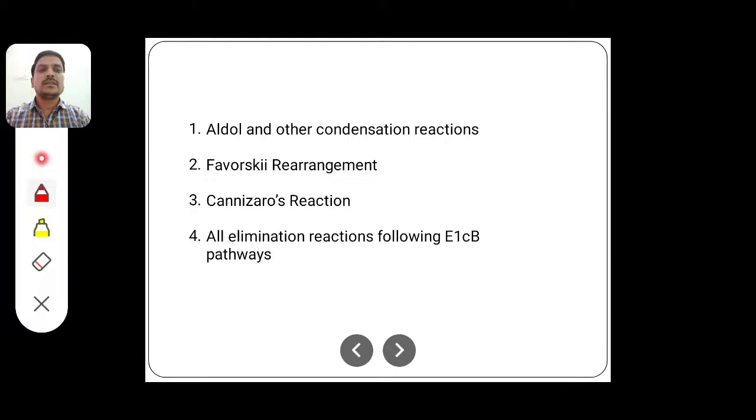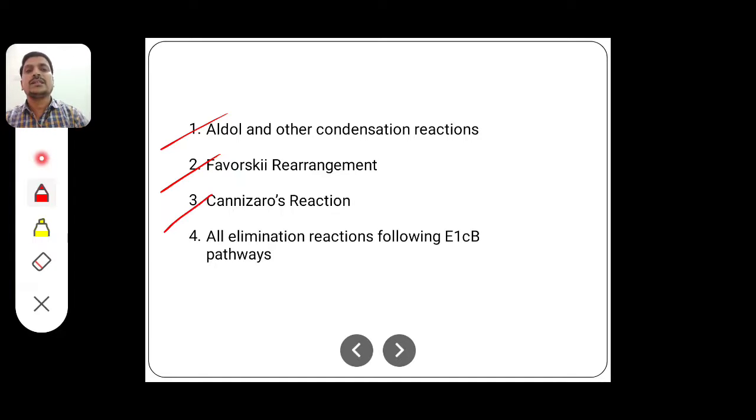Then next one is Favorsky rearrangement, which takes place via formation of cyclopropanone from alpha haloketones. In the first step, the base takes up a proton of the alpha haloketone, and then a carbanion is generated. Then that carbanion attacks the other carbon which bears a halogen group, and then cyclopropanone is produced. Such is the reaction of Favorsky rearrangement.